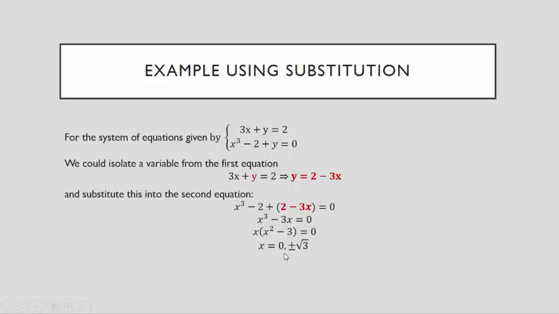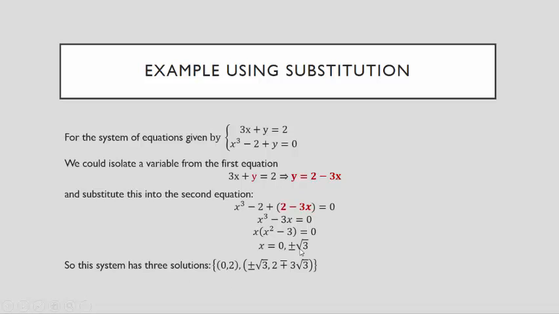By substituting those back in to my red equation here where I isolated y, because I have these 3 solutions for x, plugging that into this red equation gives me 3 solutions for y, and I find the 3 solutions to this system are points, ordered pairs. So when x is 0, y must be 2.